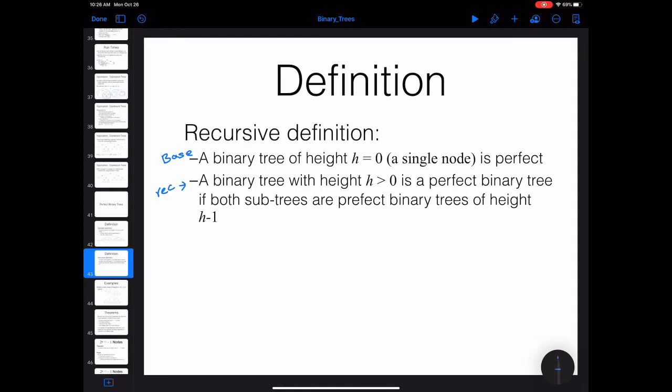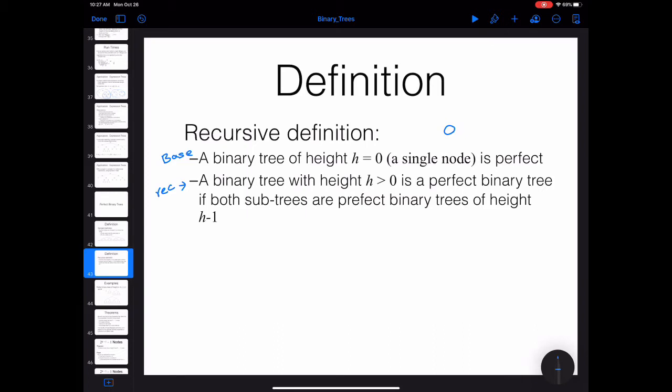We would say that a binary tree of height h equal to 0 is going to be a perfect binary tree because you are going to have just one node, right? And when you have one node, this is going to be your root node, and it is a perfect binary tree. This is the smallest perfect binary tree that you can have.